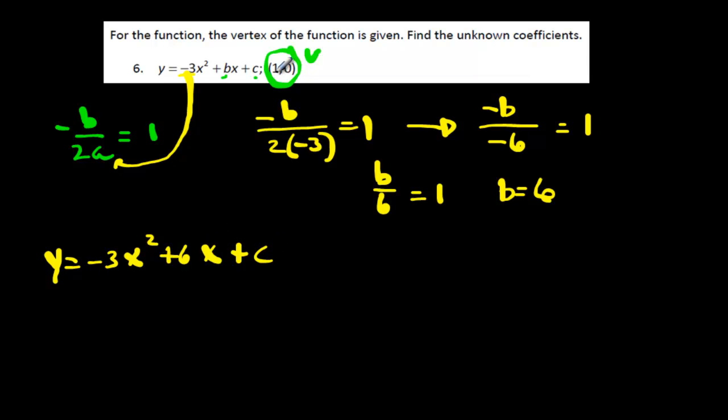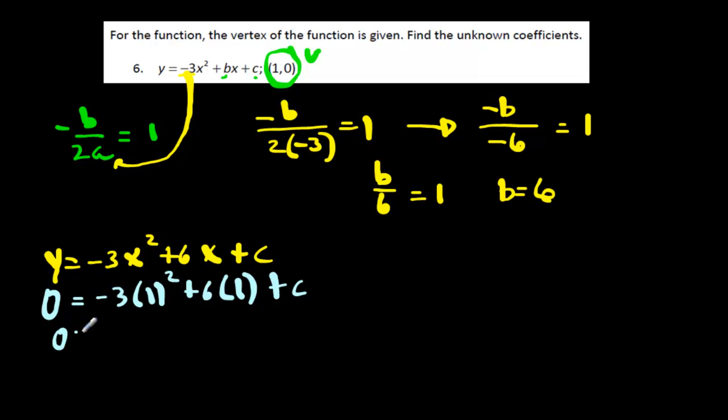But if we input these values for x and y, because it is a point, even though it's a vertex, it is a point on the graph, we can use this again for x and y, x being 1, y equals 0. So let's put those in, x being 1 and y being 0, and solve for C. 1 squared is 1 times -3 is -3. 6 times 1 is 6.